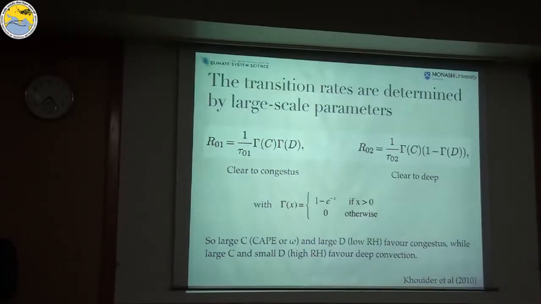Okay? We have since changed this, as I said, so you can add parameters here. If you want more predictors from the large scale to go into your probabilistic model, you can do that. We've changed CAPE to vertical velocity since. And yeah, that's pretty much how it works.